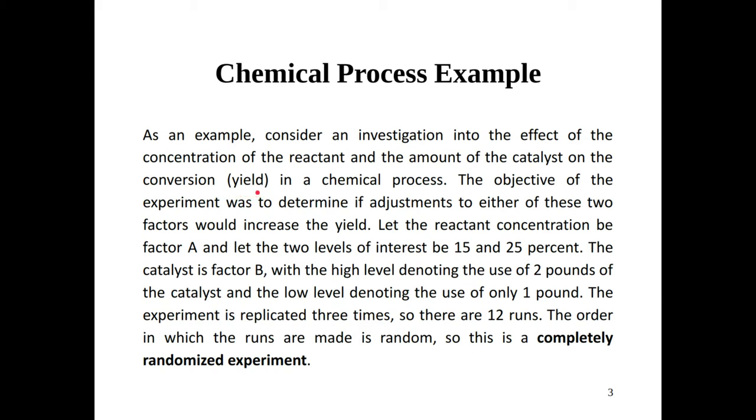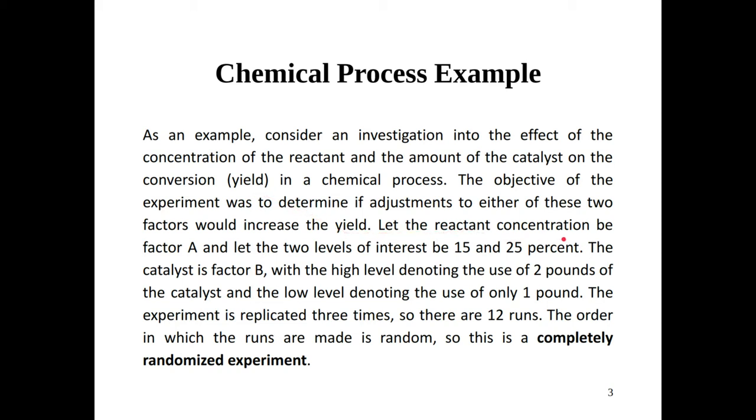There are two factors that may affect the yield: concentration of the reactant, and the amount of catalyst. The objective of the experiment was to determine if adjustments to either of these two factors would increase the response variable, which is yield.